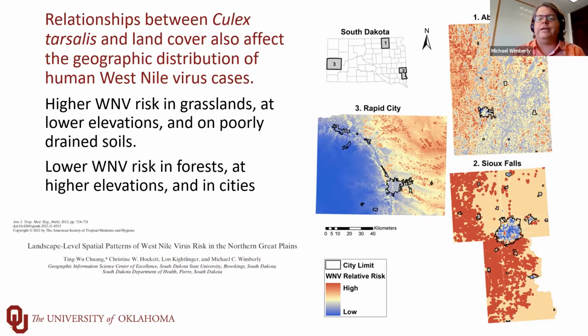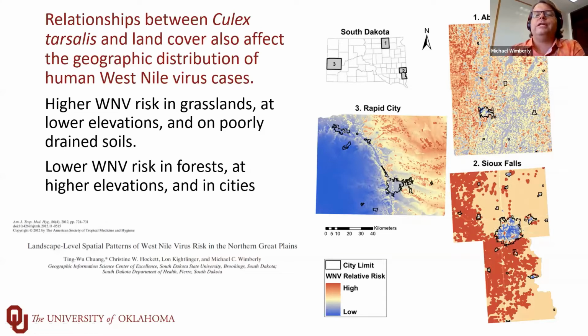So we can see, it really pops out in the city of Sioux Falls here. We've got relatively low risk of West Nile virus relative to the number of people inside the city, higher in the surrounding landscapes, particularly in the western portion of that landscape.